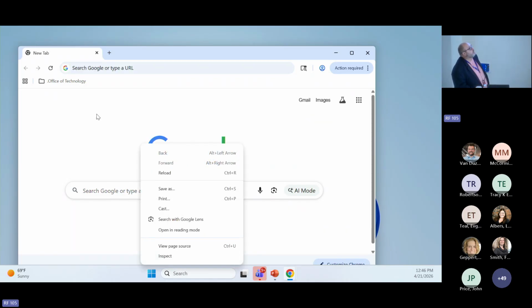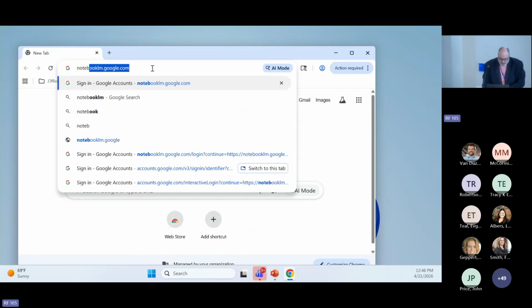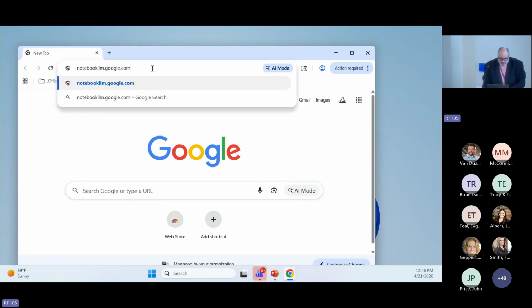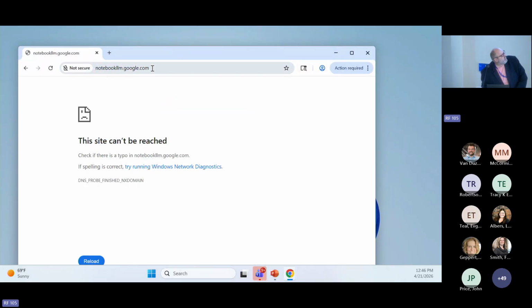I'm just trying to log into Google. This is going to be a difficult notebook llm.google.com. And did I spell it right? Let me just go to google.com, see if I can log in.